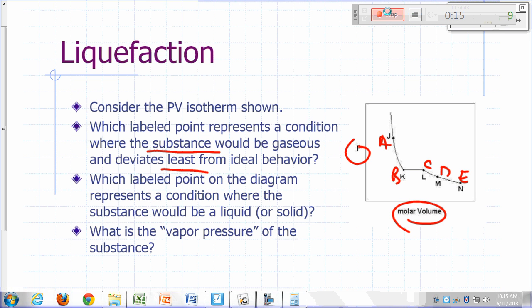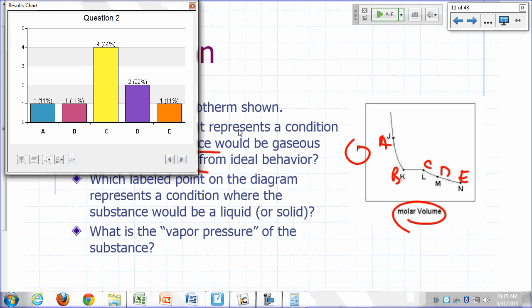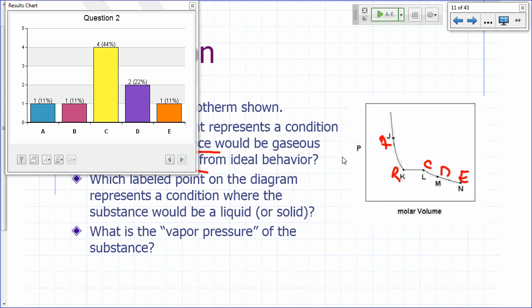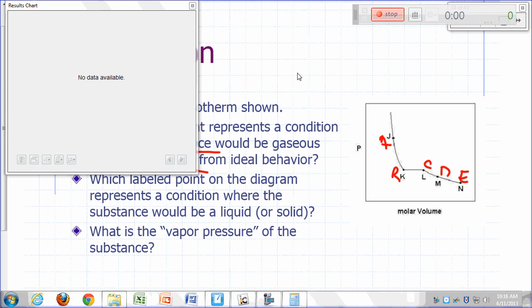Ideal gas behavior happens when? When did we say ideal gas behavior occurs? Low pressure. On this diagram, where is the low pressure? You want to try it again?